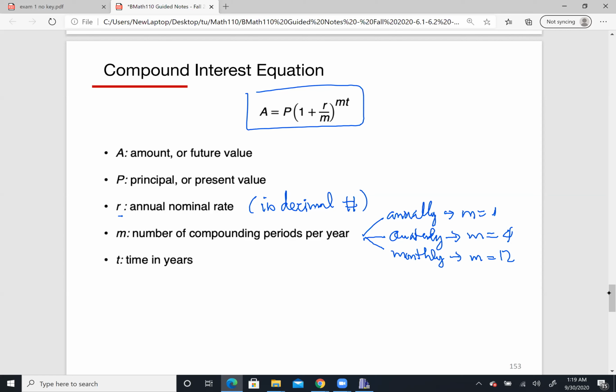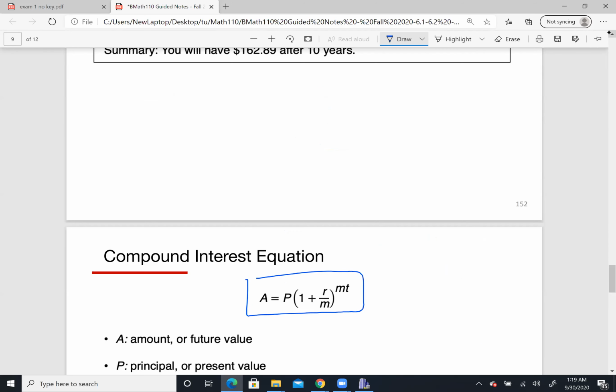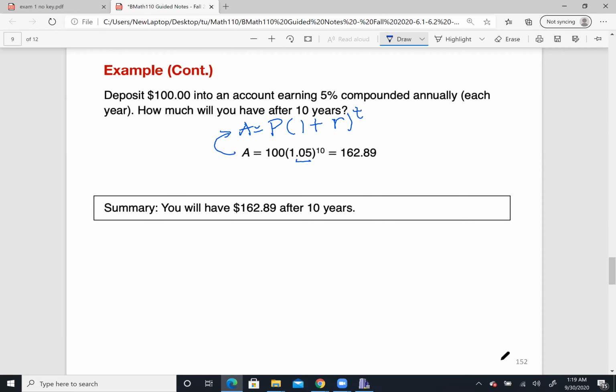Okay, so come back to the formula up here, once again.